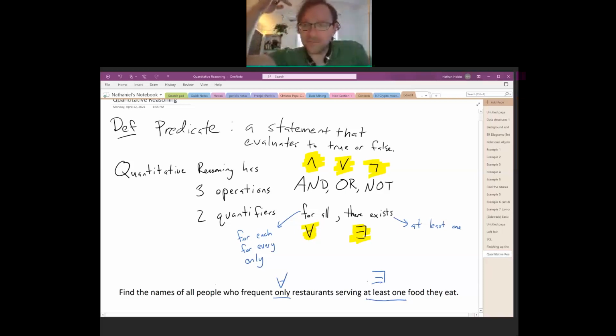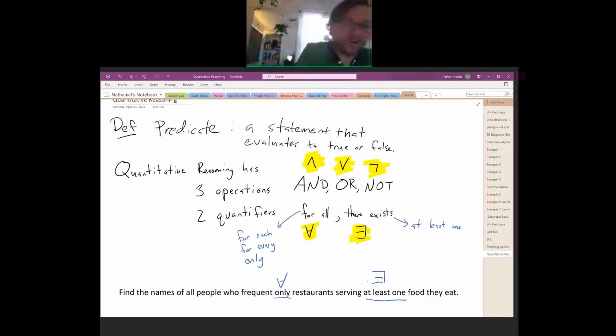So find the names of the people where for all of the restaurants that they go to, there exists some food that they eat that is served there. Okay, fine.